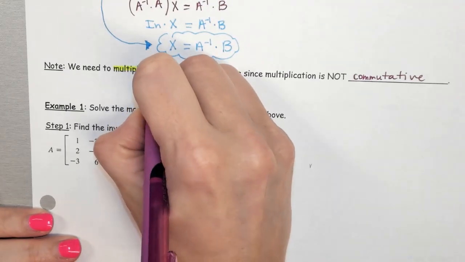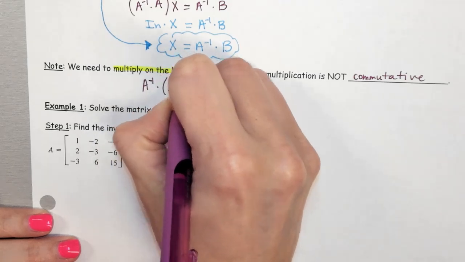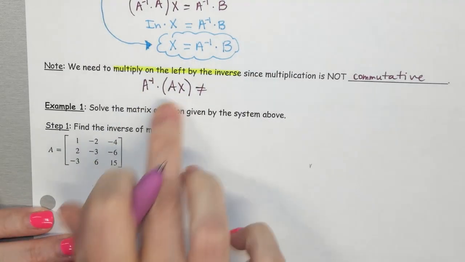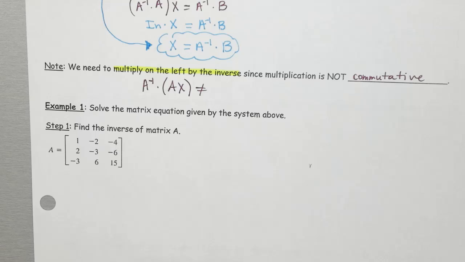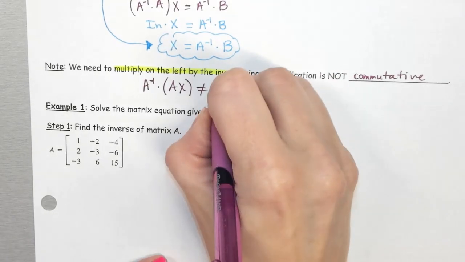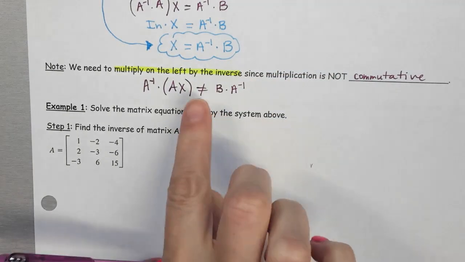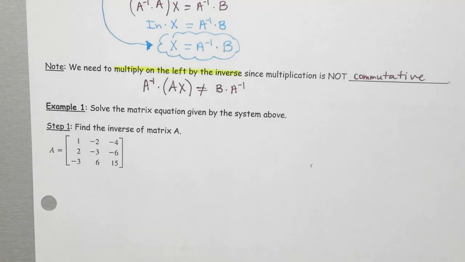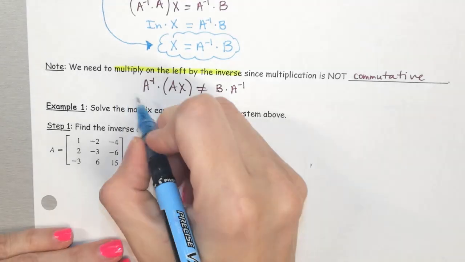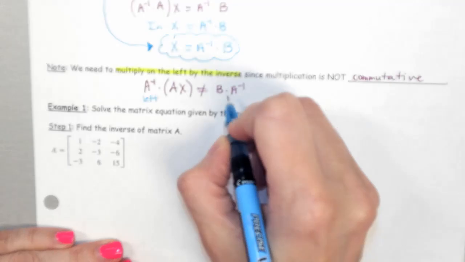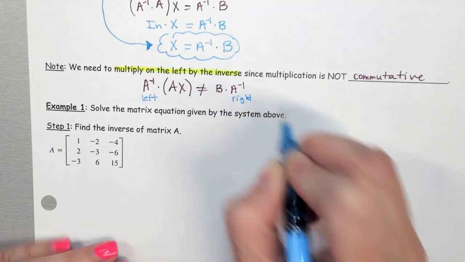Just to be crystal clear, if you multiply the inverse by AX, that does not equal this. Those are not the same. You can't do that. It has to be on the same side. If this is on the left and this is on the right, those are not equal.